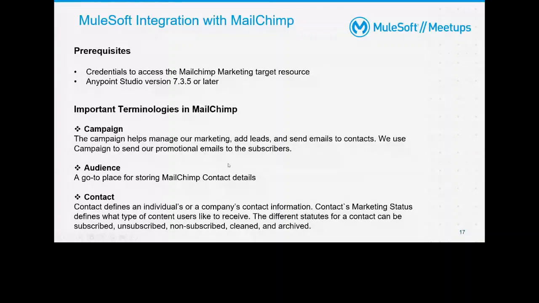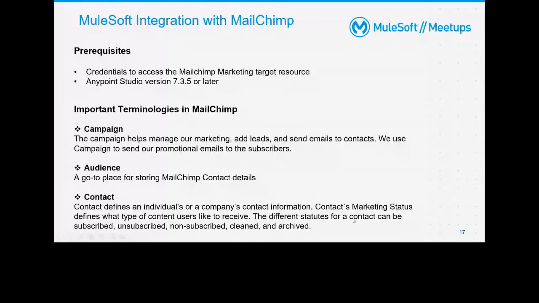An audience is a go-to place for storing MailChimp contact details. As I showed you in the MailChimp platform, the audience stores our contact details. A contact is a particular individual, and a particular contact can have details like marketing status and what content the user likes to receive.